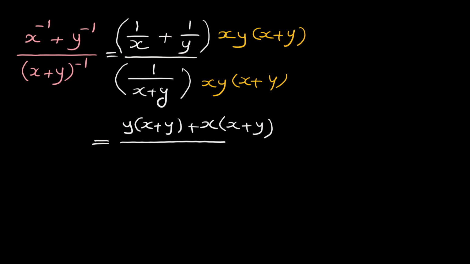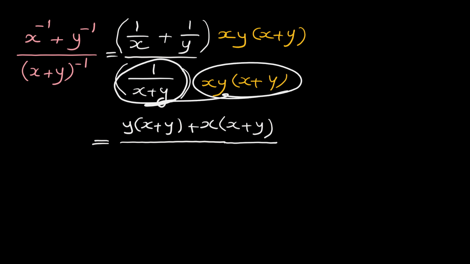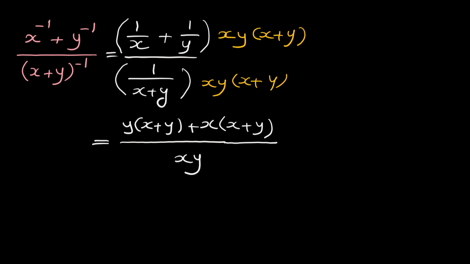What about the denominator? In the denominator, when we multiply this by this rational expression, this cancels with this, and then we have xy times 1. xy times 1 is just xy. So in the denominator we have xy.